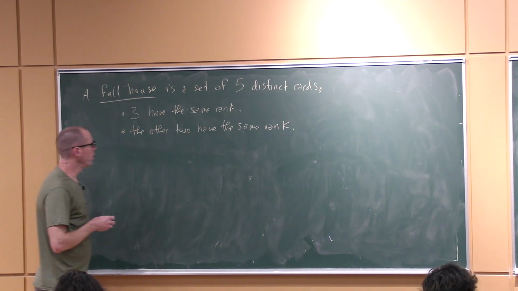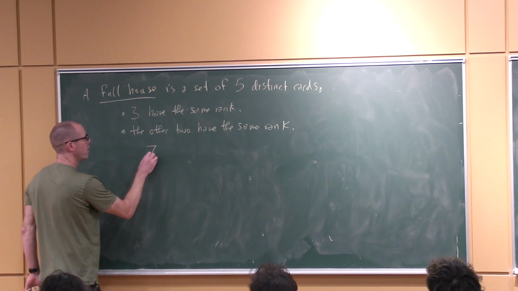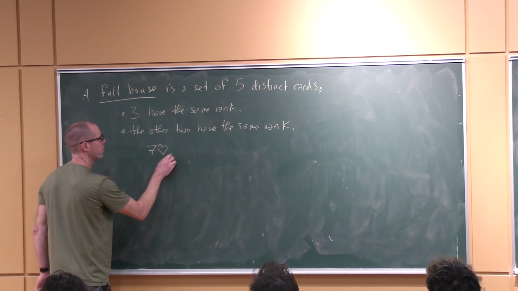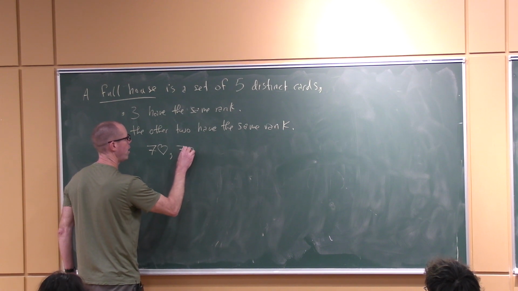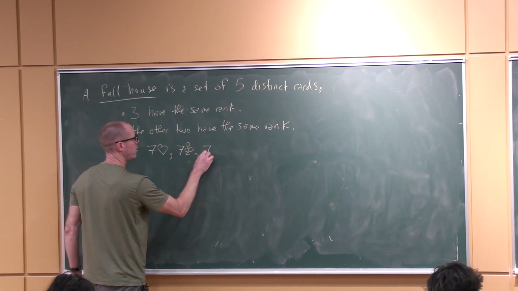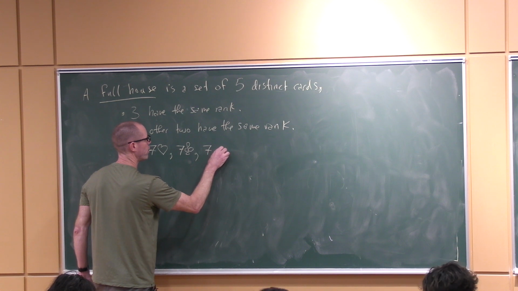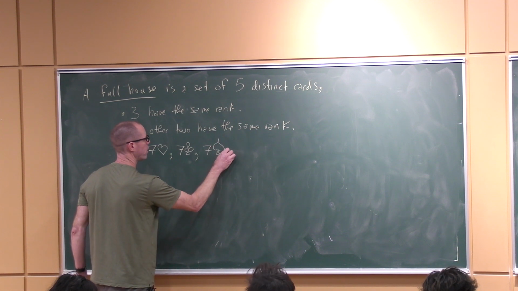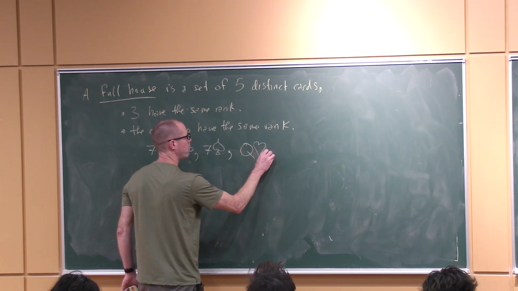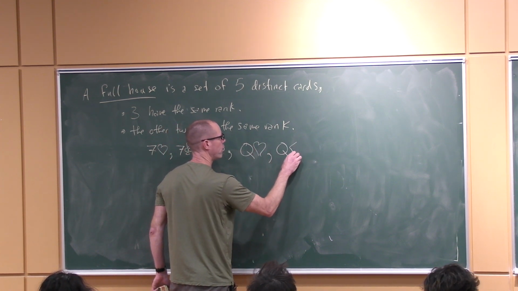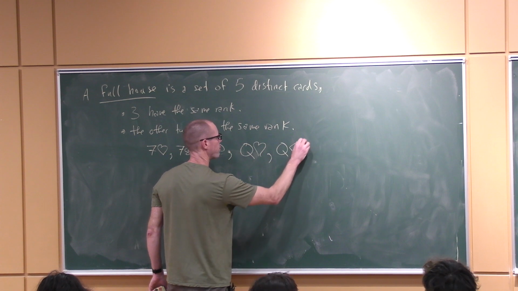So for example, here's a full house: 7 of hearts, 7 of clubs, 7 of spades, queen of hearts, and the queen of diamonds.